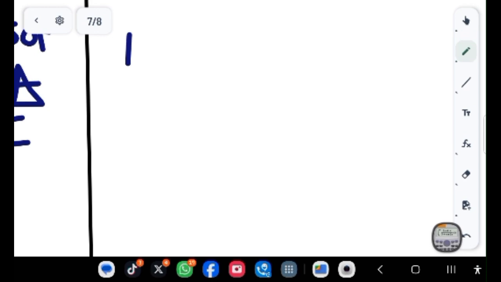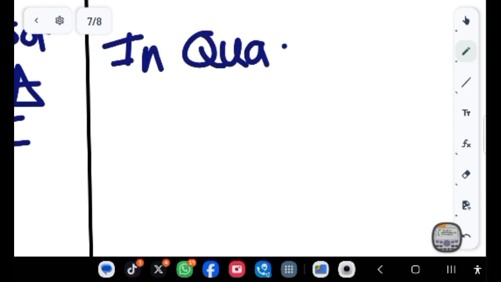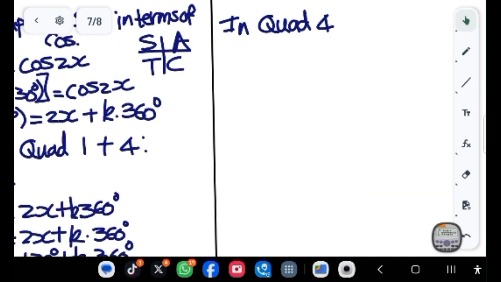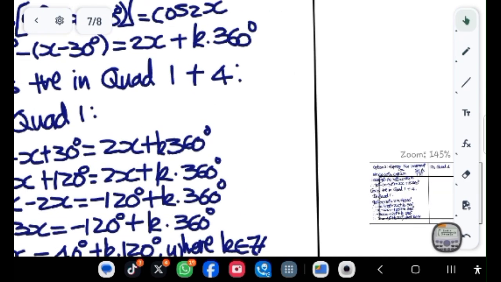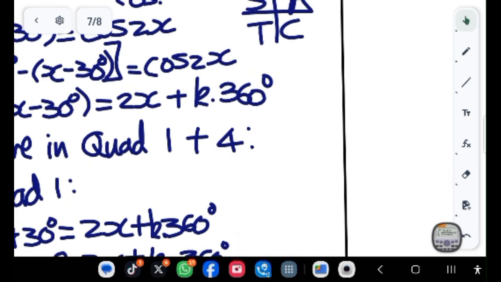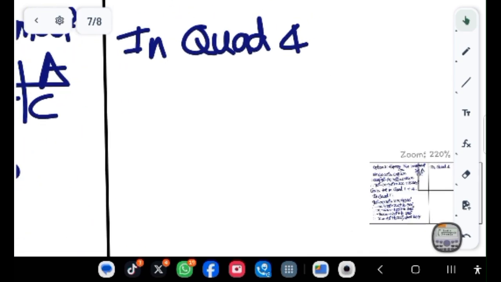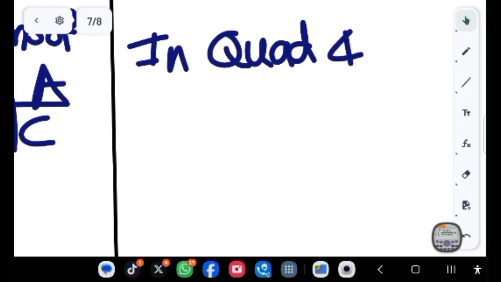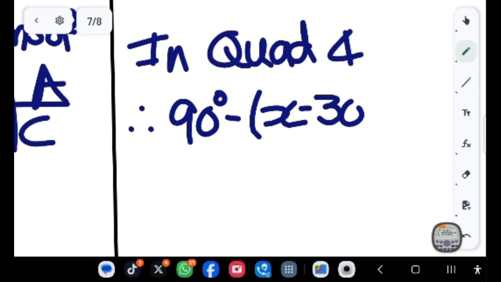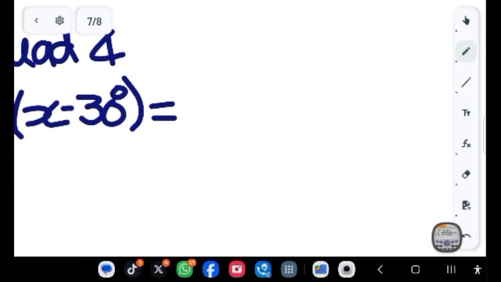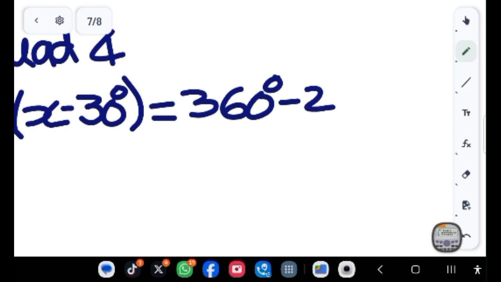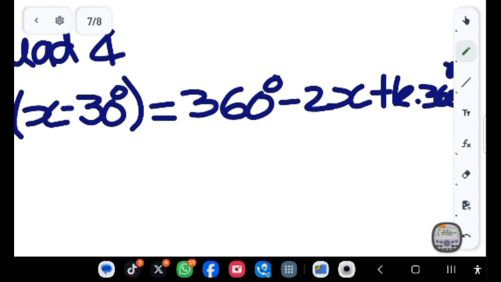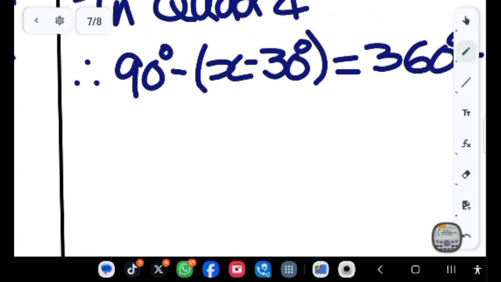Now in quadrant 4, you have 360 minus the reference angle. The reference angle is on the right hand side, so therefore we're going to have on the left hand side 90 degrees minus x minus 30 degrees equals 360 degrees minus 2x plus k times 360, where k is an element of integers.